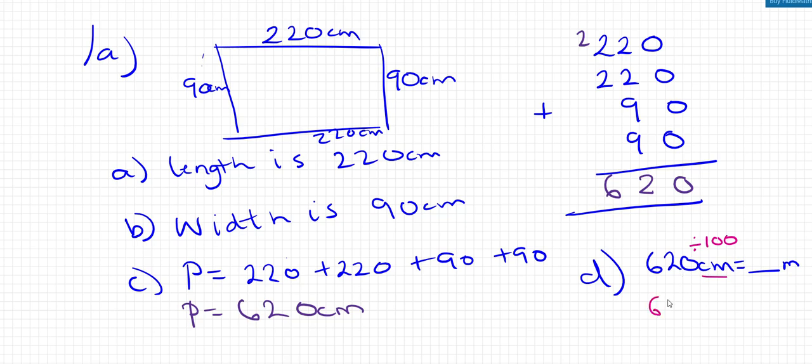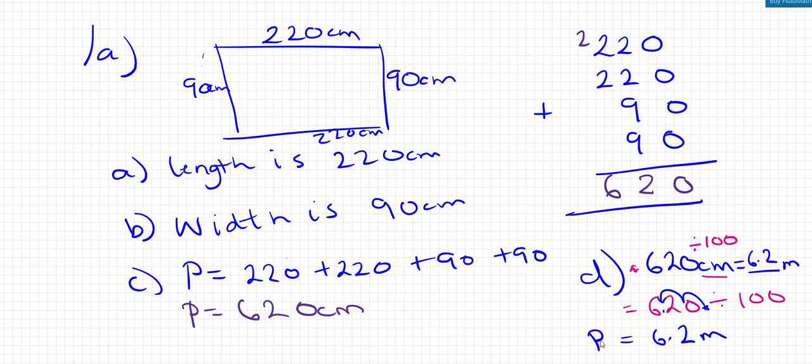So 620 divided by 100. This is where I get my decimal, and I move it 2 places to the left, and I'm getting smaller. So I've got 6.2. I don't have to write the 0 at the end. It's 6.2 meters.